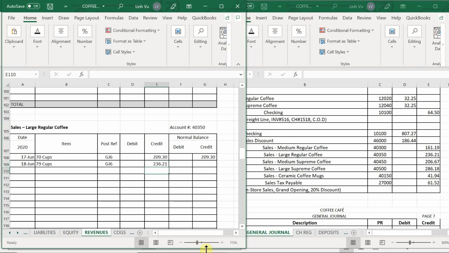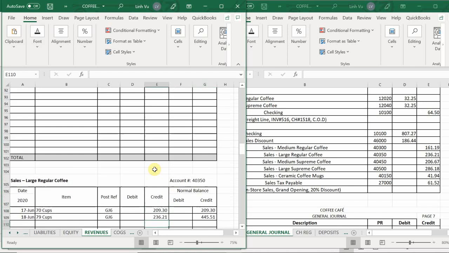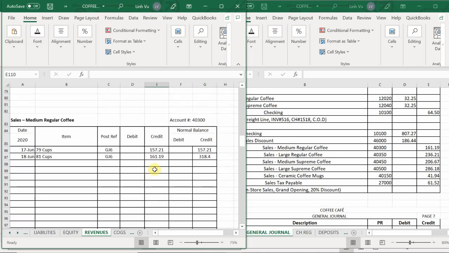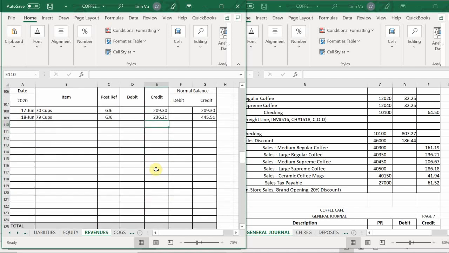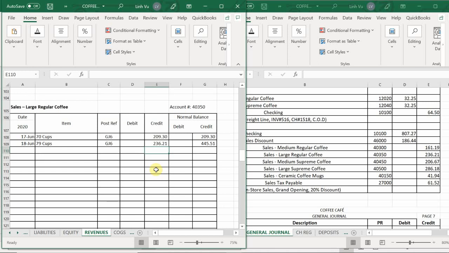So the total is 445.42. Did you say 52? I said 42, but I think I made a mistake. 21 is the first one. It is 136.21 and 209.30. I made a mistake there on the first one. Okay.